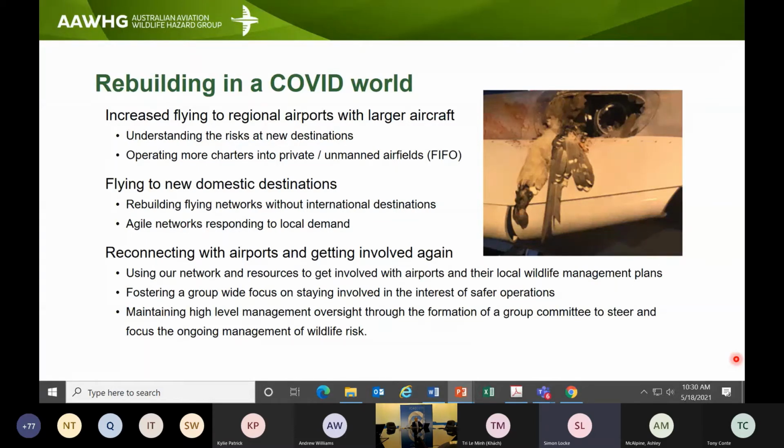It's not something we can afford to lose sight of now, and it was one of the key things we thought was necessary as part of our risk assessment for returning to flying in a COVID world, where we've come from such a state of slow flying. And like I said, I think the wildlife has learnt new habits, and we need to take that into account now.